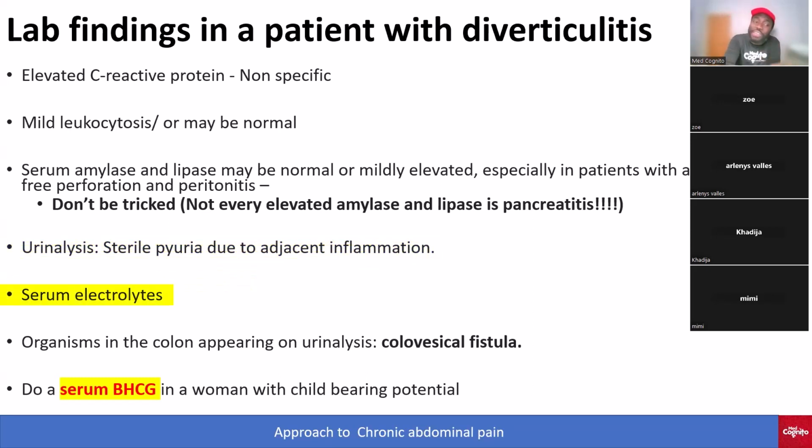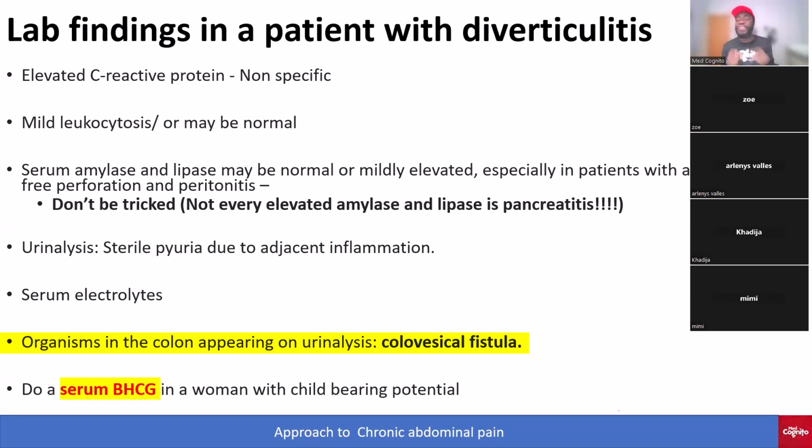You also want to do serum electrolytes. Why? Because assuming the patient has had a perforation or the patient has peritonitis, it can be a very bad case, right? And if this patient is presenting with dysuria, and you do a urine culture, usually you may find organisms in the urine which should only be found in the colon.